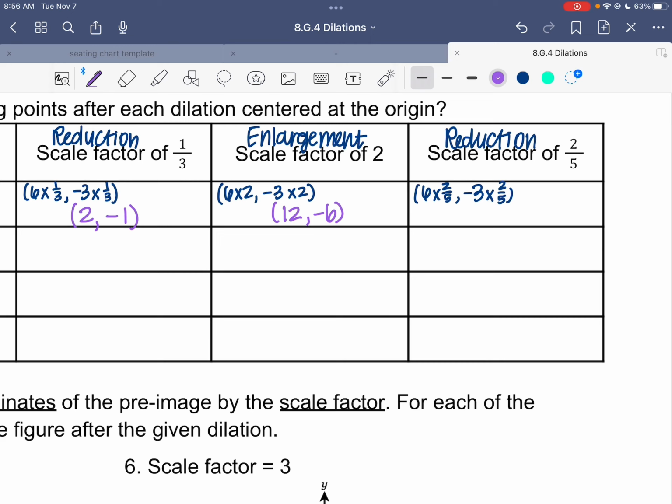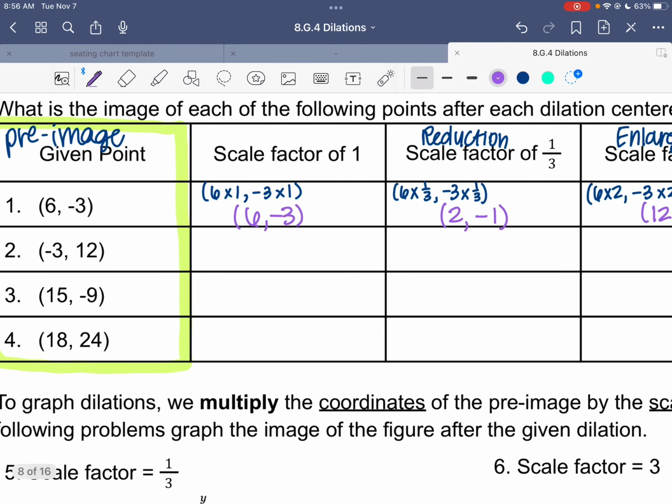So we get 2.4 for our x coordinate and negative 1.2 for our y coordinate.